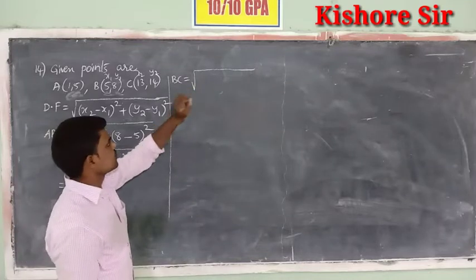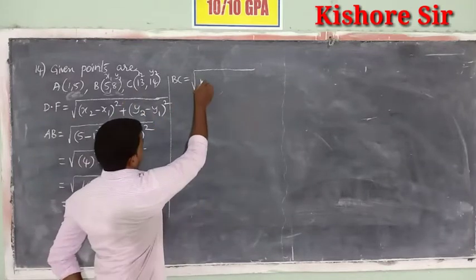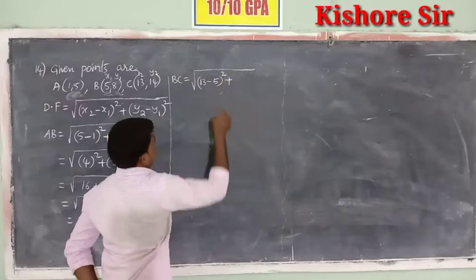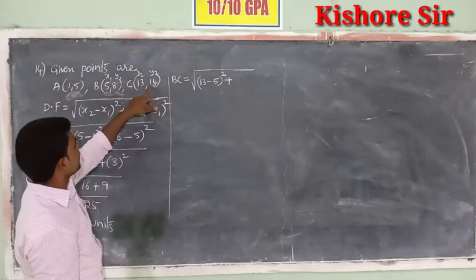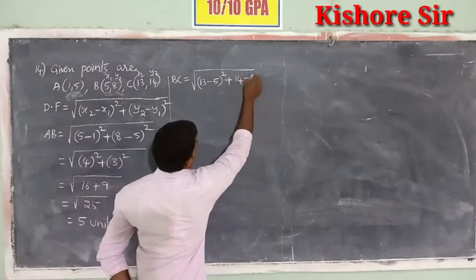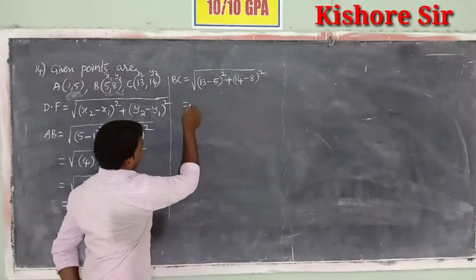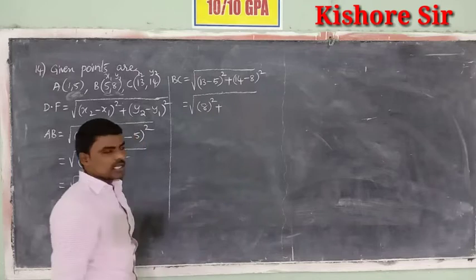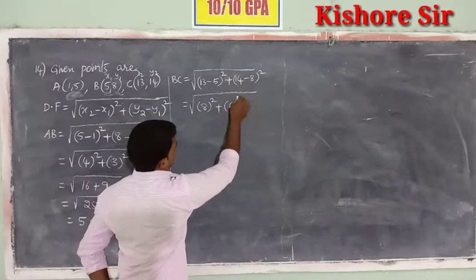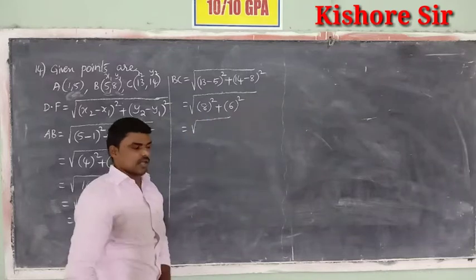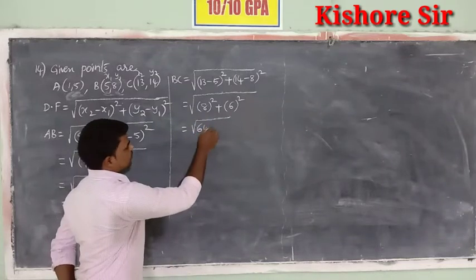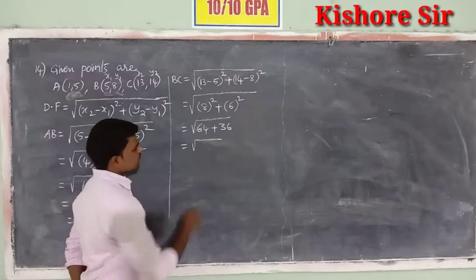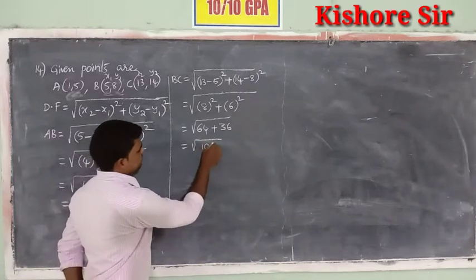So square root of (13 minus 5) square plus (14 minus 8) square, which is square root of 8 square plus 6 square, that is 64 plus 36 equals 100.